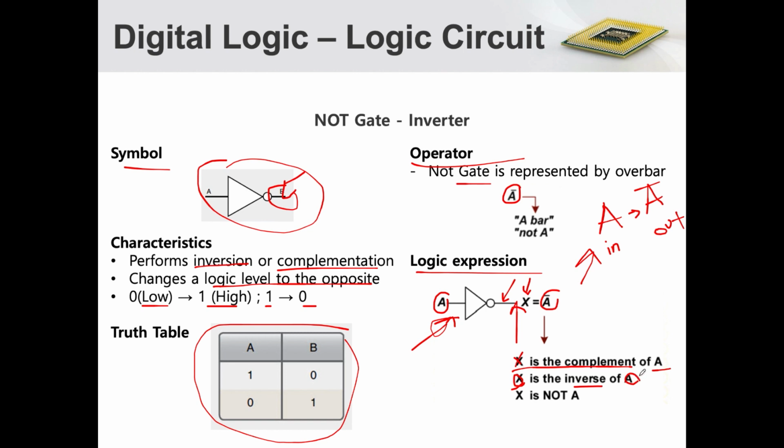Sometimes you get confused with the A, B, C or X, so just ignore it, but you name it: the output is the complement of the input. The output is the inverse of the input. The output is not the input. So it's quite easy to understand the NOT gate.